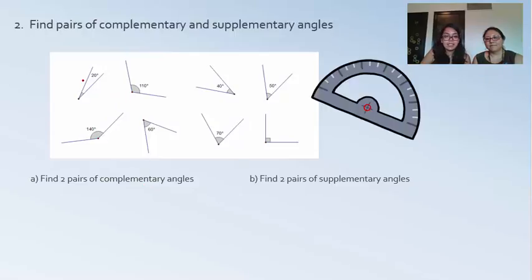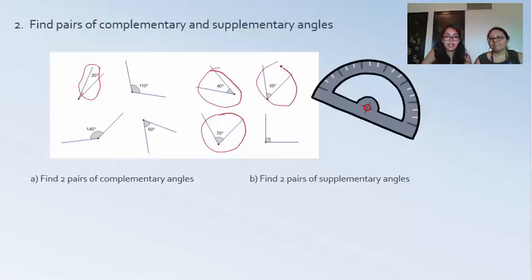For instance, this 20-degree angle plus this 70-degree angle will be complementary angles. Why? Because they equal 90. Let's try to find another one. This 40-degree angle and this 50-degree angle are complementary angles, adding up to 90. And if you notice, this one's a complementary angle within itself.